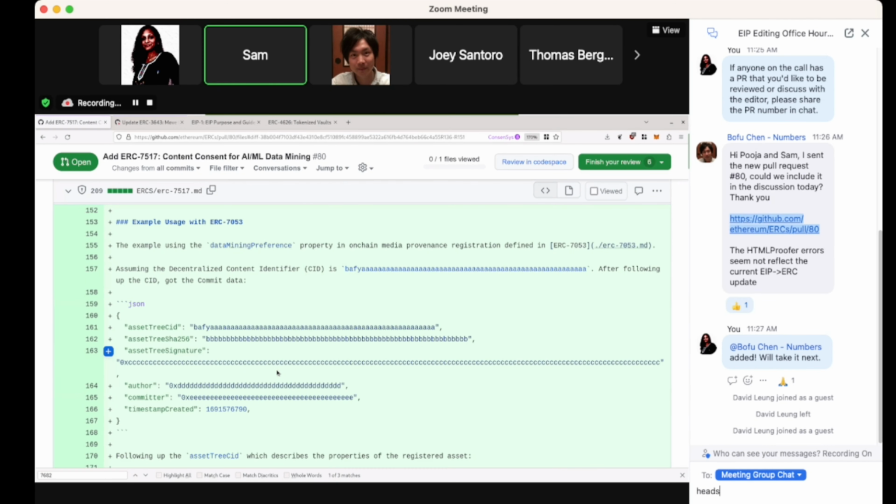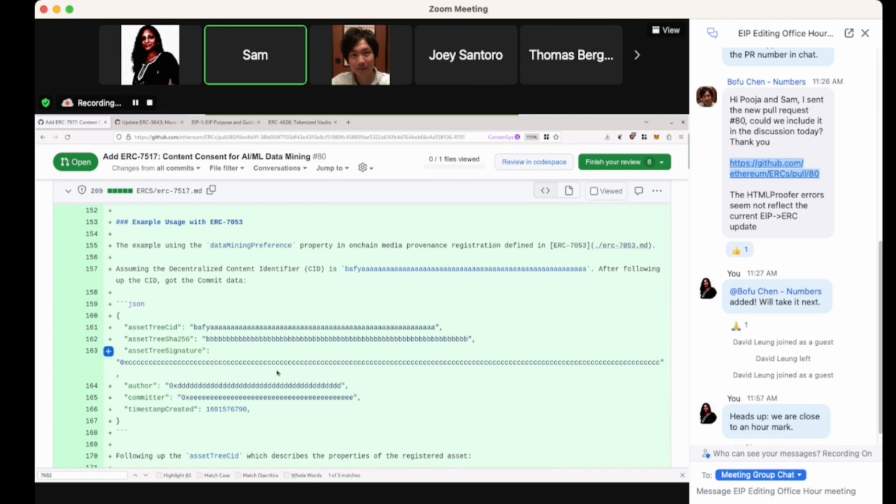Okay. Example using the data mining preference property in on-chain media provenance. Okay. EIP 7053, assuming the decentralized content identifier is after following up the CID. Got the commit data. A sentence fragment there.